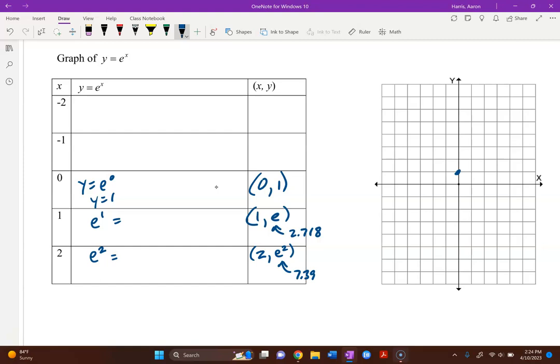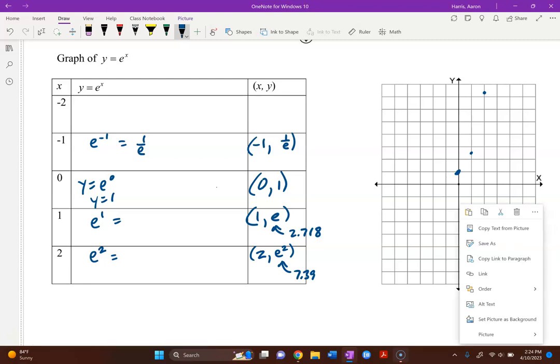So I got 1, e, 2.718, and 2, 7.39 is about right there. And I could do e to the negative 1 as well. I could throw negative 1 in for x. So that's 1 over e. In other words, 1 over 2.718. So it's about a third the way up.